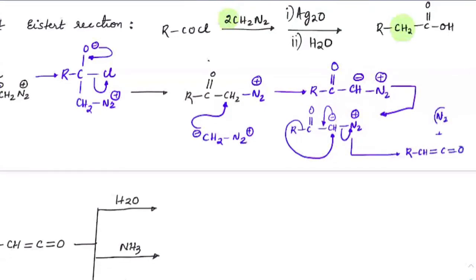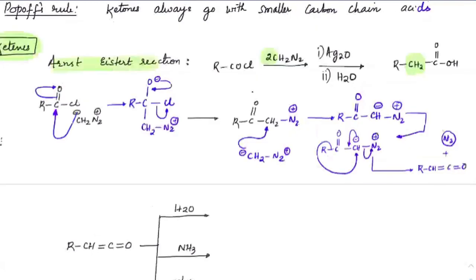This is what is formed. This is what we call a ketene. Ketone, which is ene, so ketene. So a ketene is formed here. Our whole objective is ketene formation, and that's what we see in the Arndt-Eistert reaction.